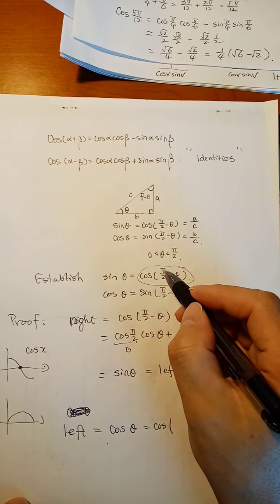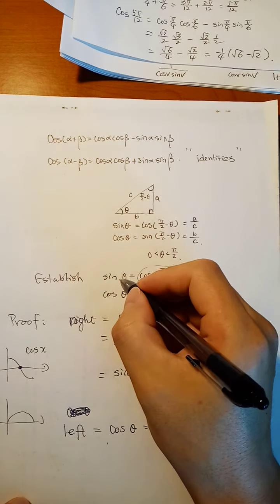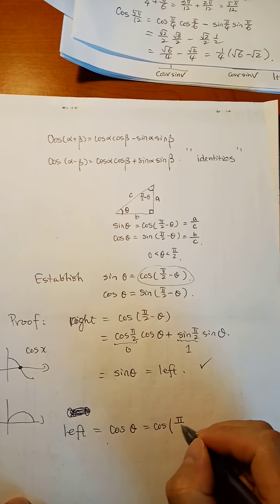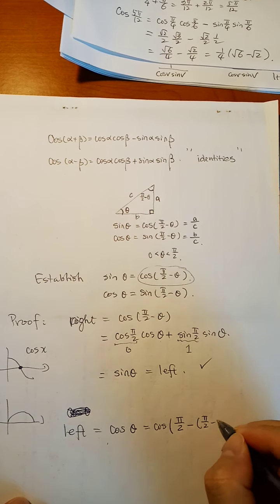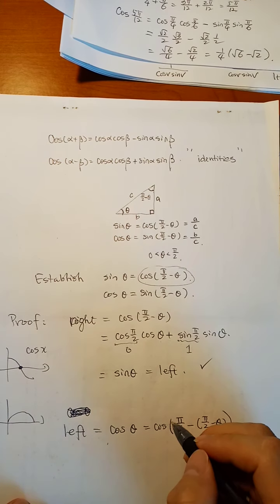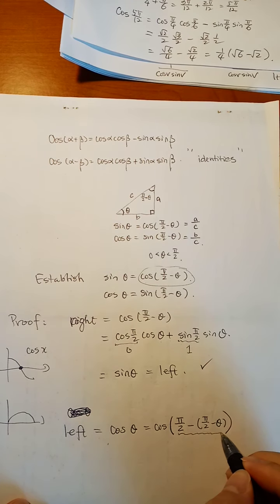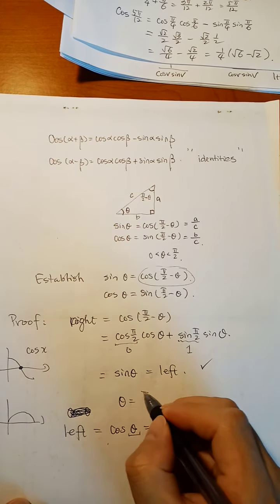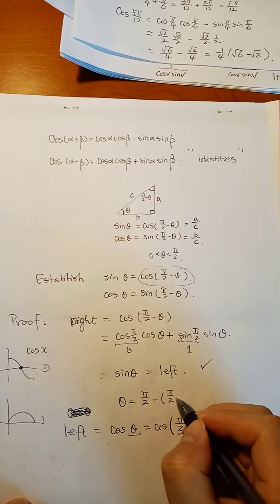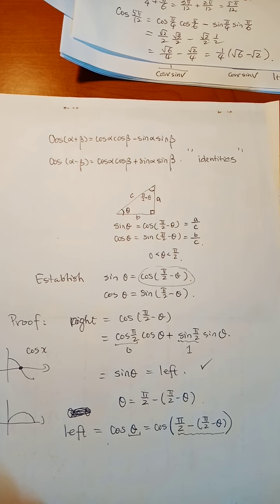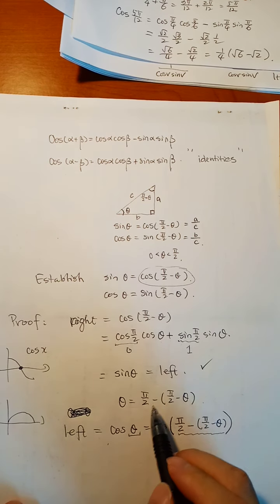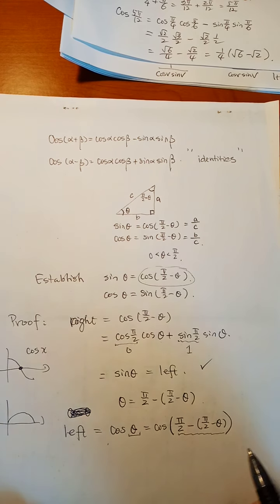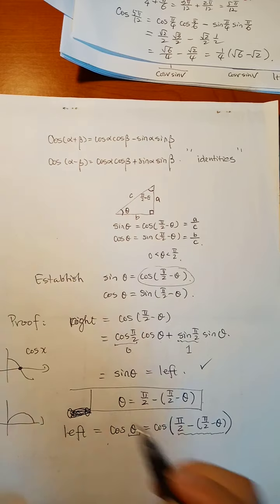Because we know if it's pi over 2 minus theta, it is equal to sine. So how do we get pi over 2 minus theta? We write theta this way: pi over 2 minus parenthesis pi over 2 minus theta. This is exactly theta. You remove the parenthesis, it's minus and plus. Pi over 2 minus pi over 2 cancel, and plus theta is equal to theta. This is an identity, but it's a trivial identity.